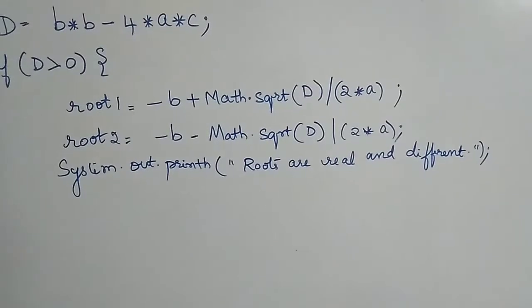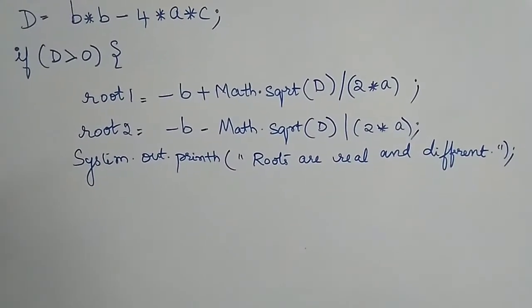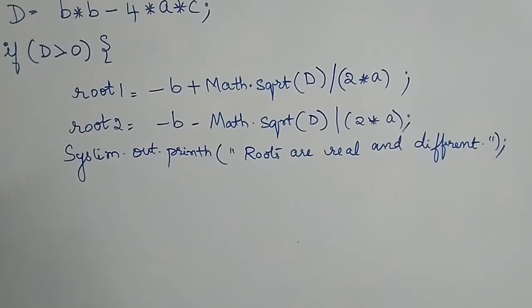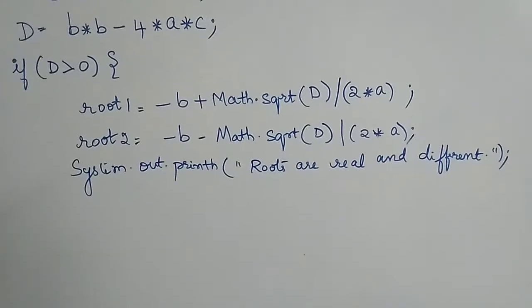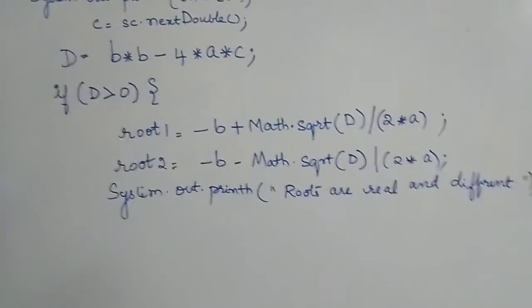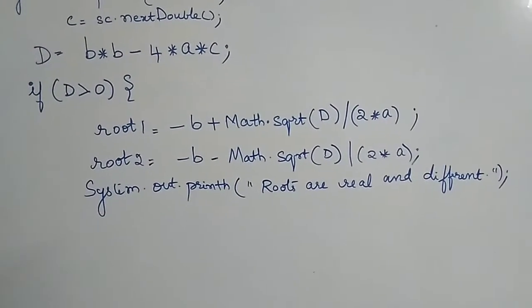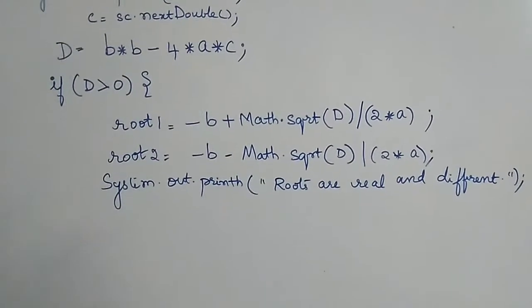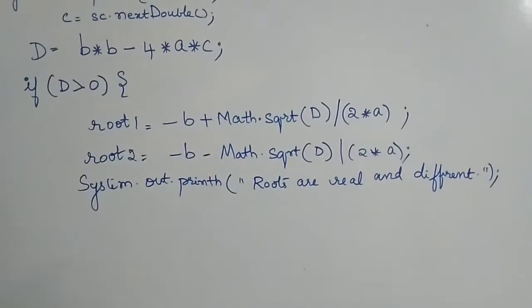To do that, I can use system.out.println and do it directly. But since it's a double value, after the decimal point there will be so many values printed. I don't want all of them to be printed. I just want only 2 numbers after the decimal to be printed.